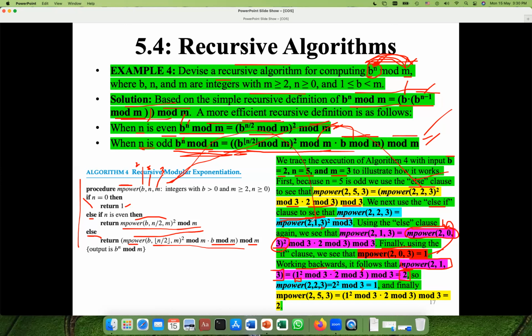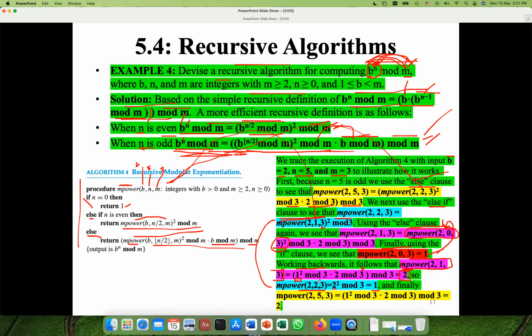Put this value here. 2 raised power 2. Put this value 2 here. So 2 raised power 2 mod 3. 2 raised power 2 is 4. Now it's bigger, and the remainder is 1, because you divide 4 by 3. 3 ones are 3, and out of 4, when you subtract 3, you get 1.